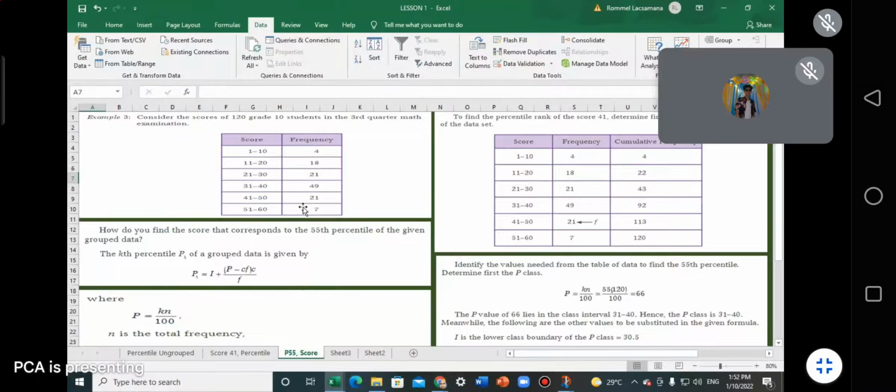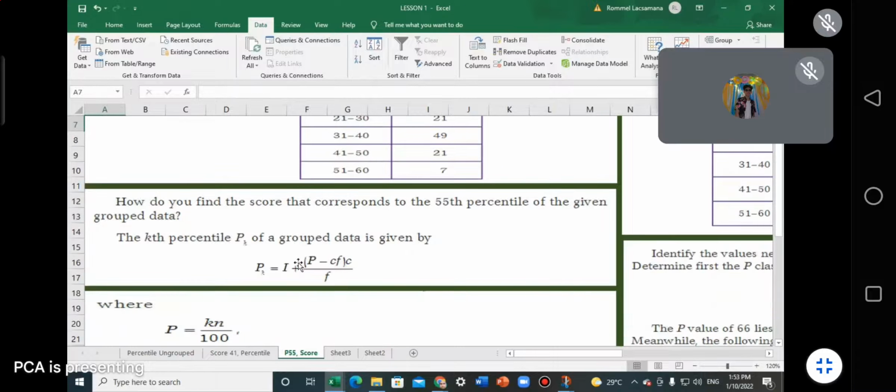Out of the same 120 students, with scores from 100 to 60, we will be identifying what score is equivalent to that 55th percentile rank. So we have the rank already, but we do not know the score. How do we do it? It's the opposite. Okay, we'll use this formula.